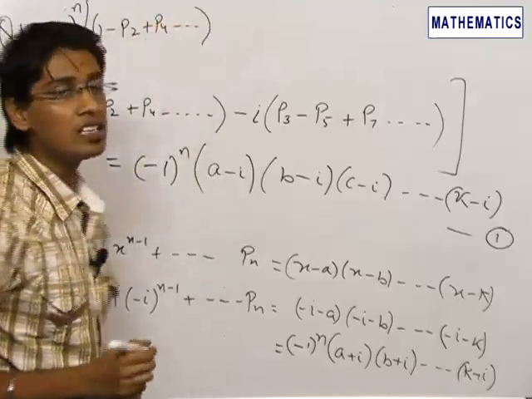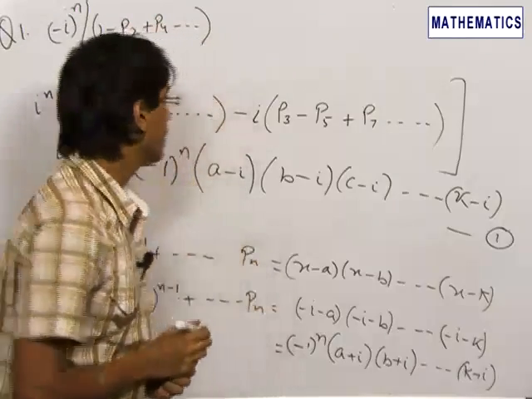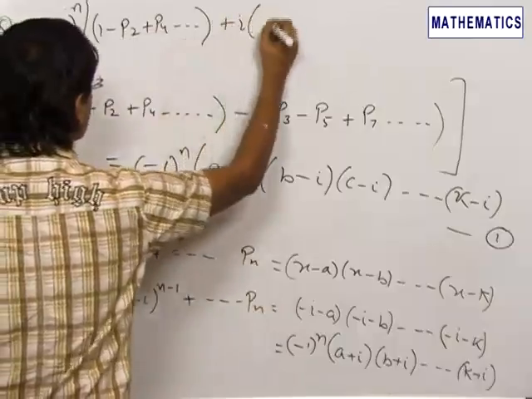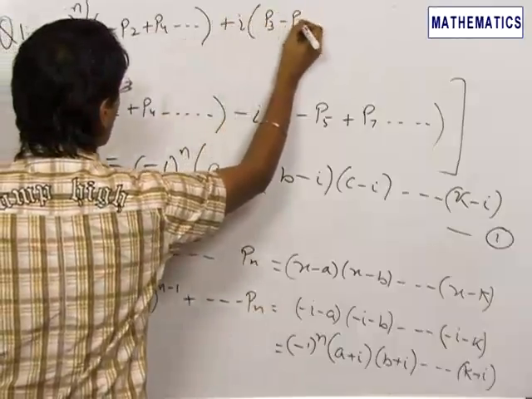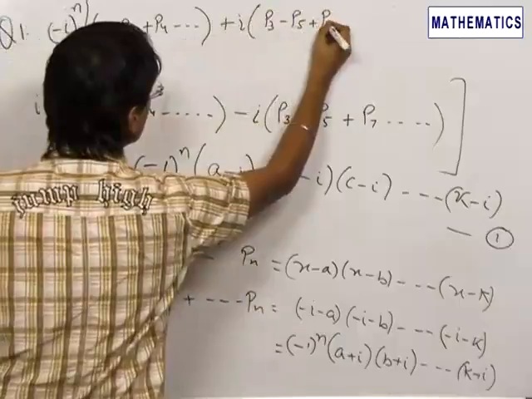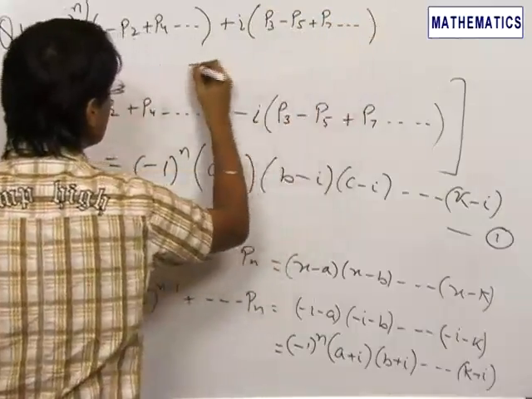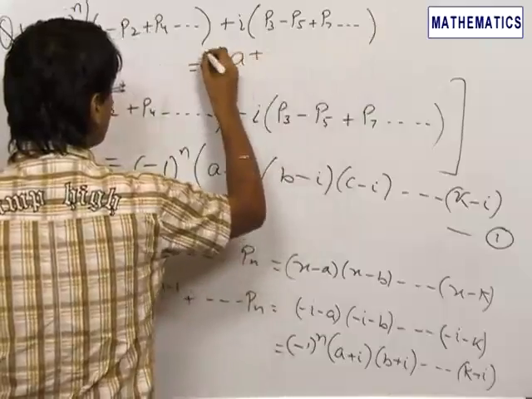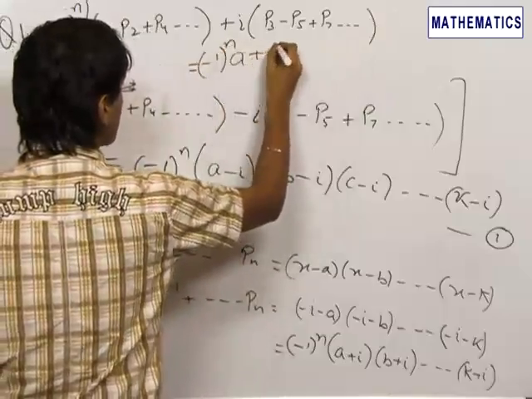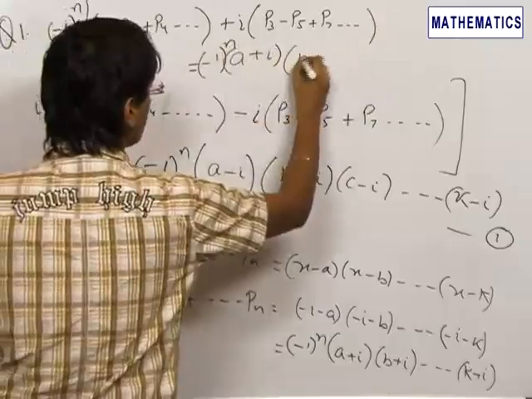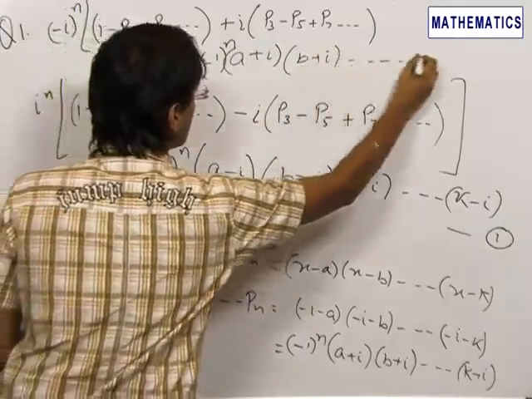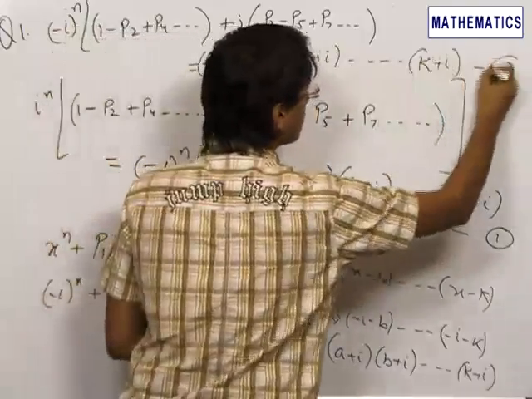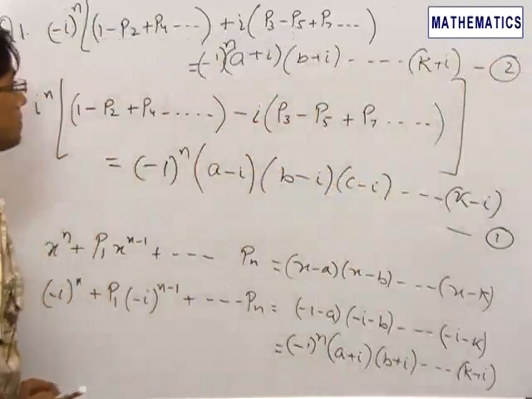We just need to repeat the steps as we did earlier in the case of x equals iota, plus iota times p3 minus p5 plus p7 is equal to minus 1 power n a plus iota, b plus iota up till k plus iota. This we mark as the second expression.